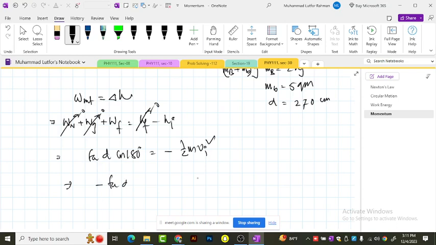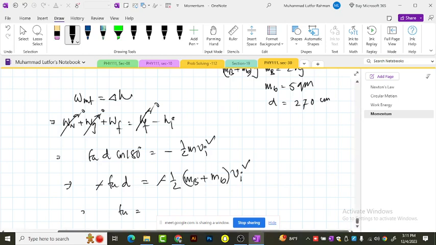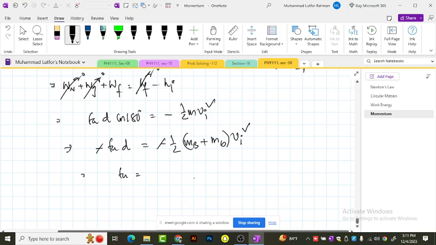It should be Fk into d, and it should be minus half of m, the mass of the block plus the mass of the bullet, which is the total mass, into vi square. This minus sign can be cancelled out. Then I can find out this Fk would be simply (mb plus mb) into vi square divided by twice d. Right, that's the frictional force over here.